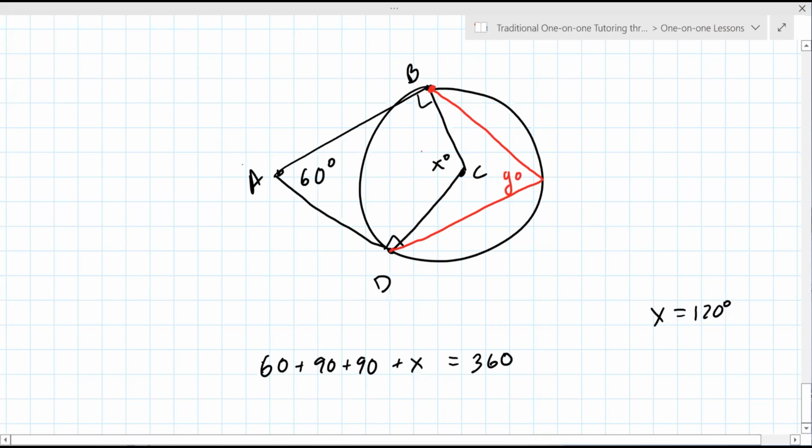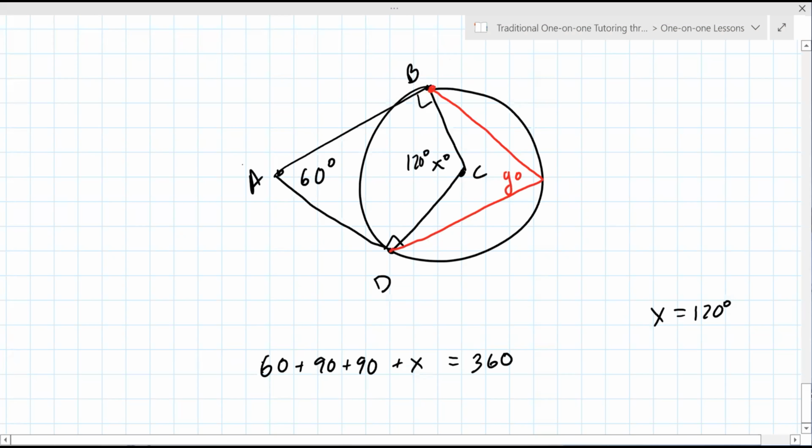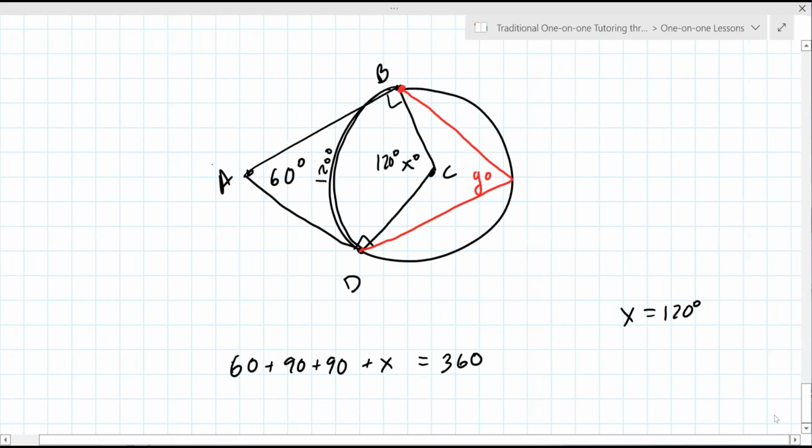Now you just told me that X is 120, which means that this arc is also 120. Y is the inscribed angle from 120. So what would Y become? Y would, I guess, would it also be the inscribed angle?